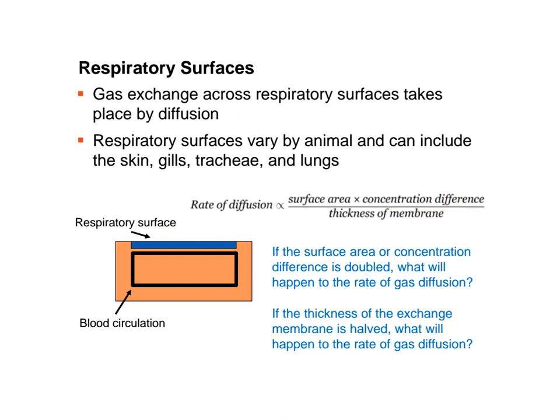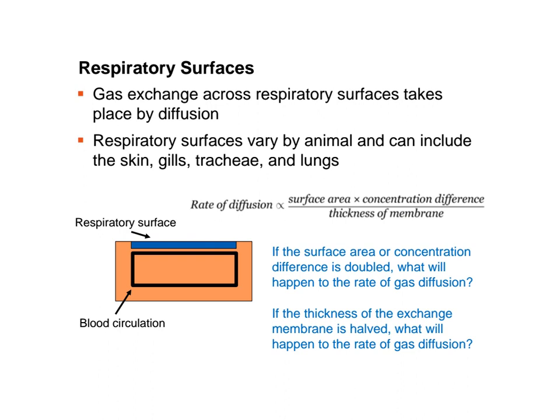So this would refer to the difference in oxygen partial pressure, say in the medium, and the partial pressure of oxygen within the animal. And then this is divided by the thickness of the membrane.